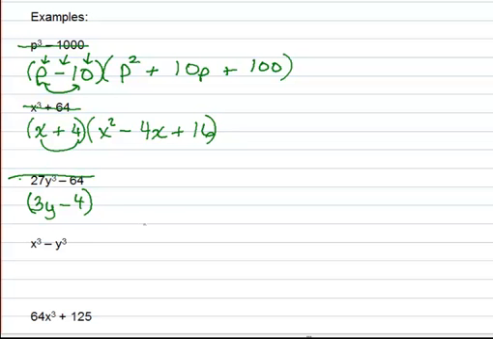And now we just square the first term, so it's 9y squared, change the sign, multiply the two, always a plus, square the second, and done.